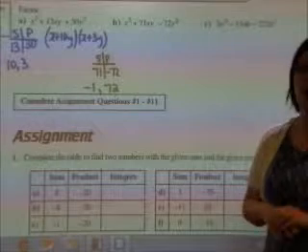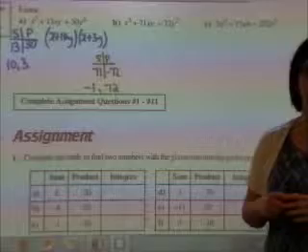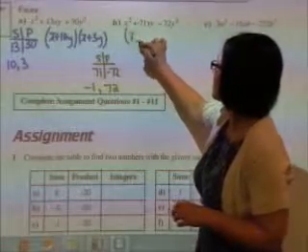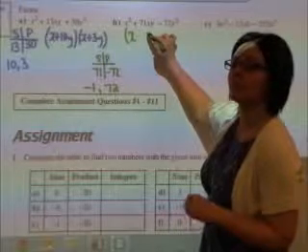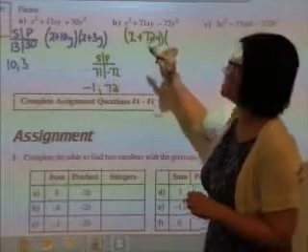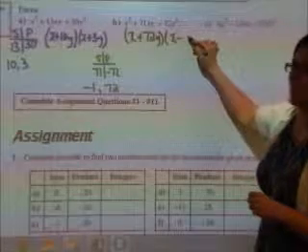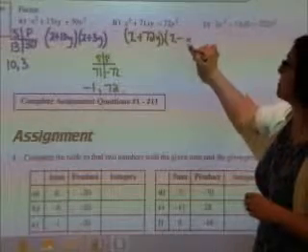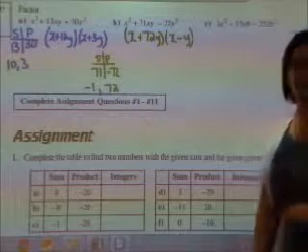So when I write this out in factored form, I have x plus 72y and x minus 1y. Do I need to put the 1 in front of the y? Oh no, so I'd have just x minus y. Whereas before, I would have had to put that 1 in there. But because I have the variable, I don't need to put the 1 in front of the y.